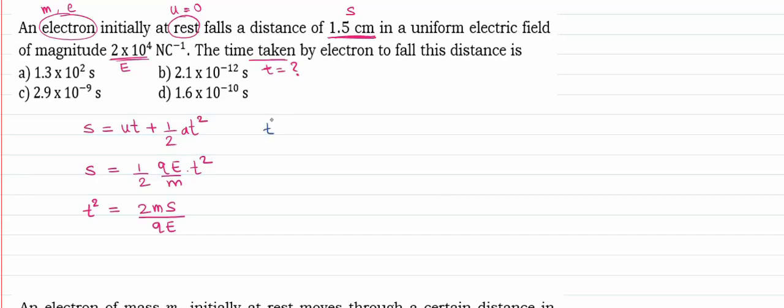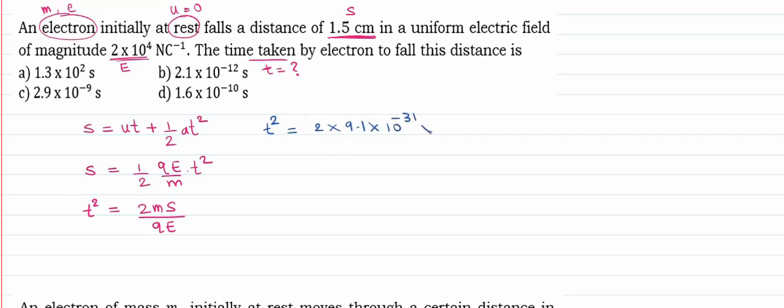So I will take t square is equal to 2 into mass of electron, which is 9.1 into 10 raised to minus 31 kg.